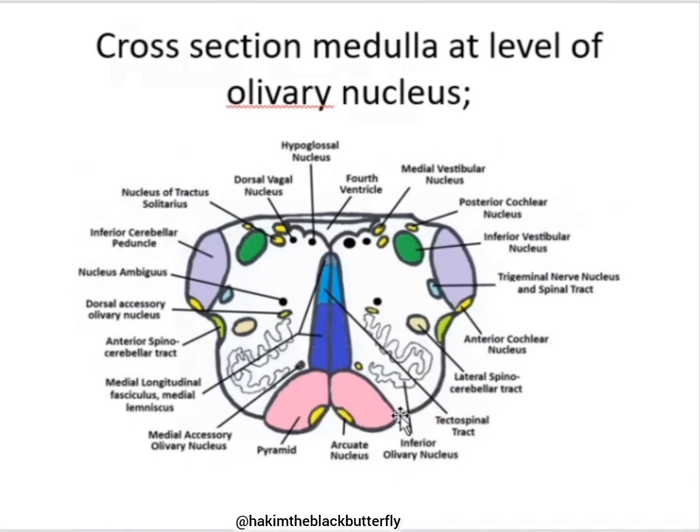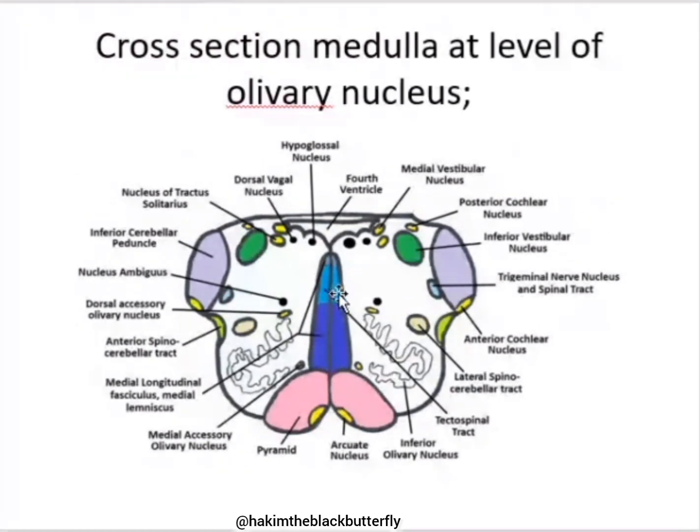And we saw that posterior to the pyramids, you have this bulge, which is the olive. And that is where you find the olivary nucleus, posterolateral. Then the medial lemniscus can also be seen. These are still fibers of the fasciculus gracilis and cuneatus ascending to the thalamus.